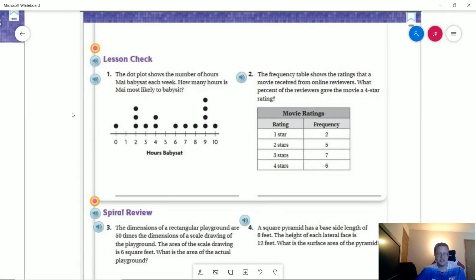You kind of get to choose how you want to answer that one. And then number 2, frequency table. What percent gives the movie a 4-star rating? We have 6 out of 20. So 6 out of 20 would be 30%.